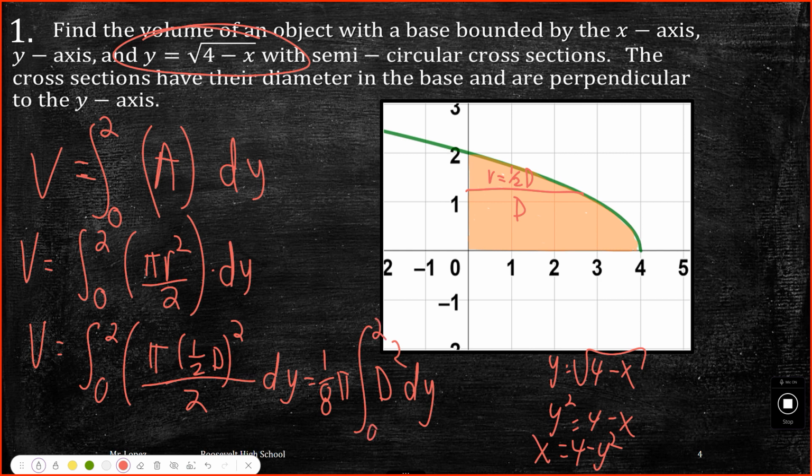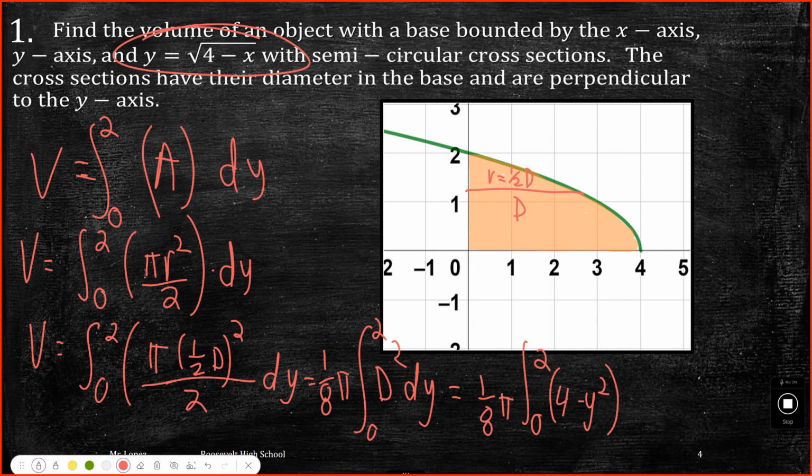So you're going to put this in the calculator. Hopefully it works out. It's going to be 1/8 pi, 0 to 2, 4 minus y, dy.